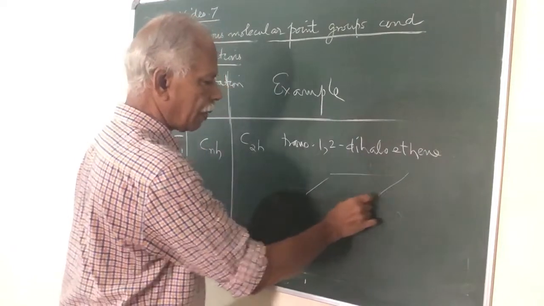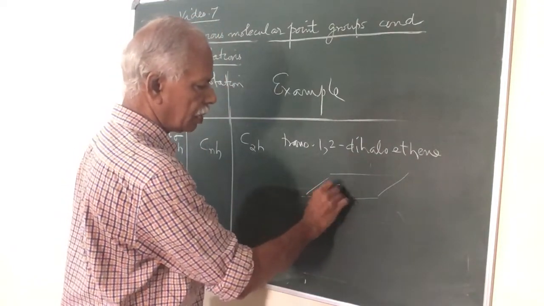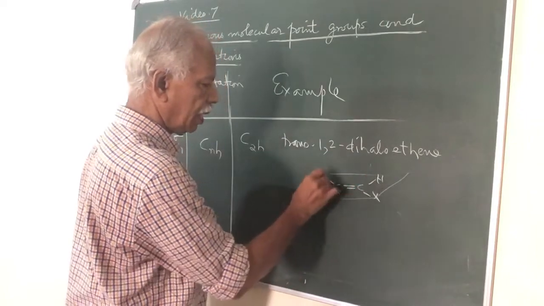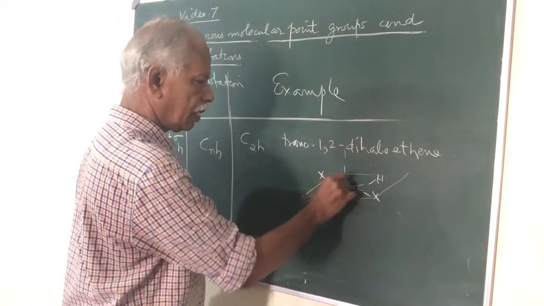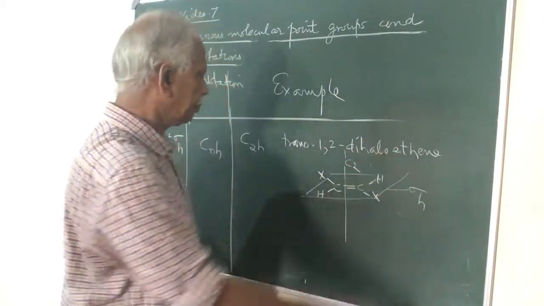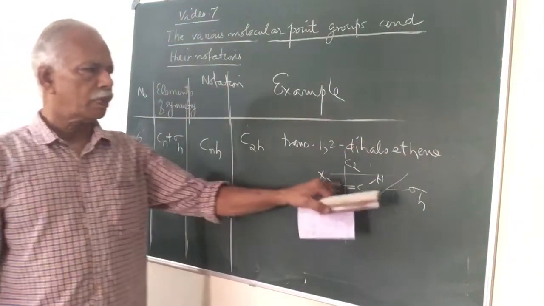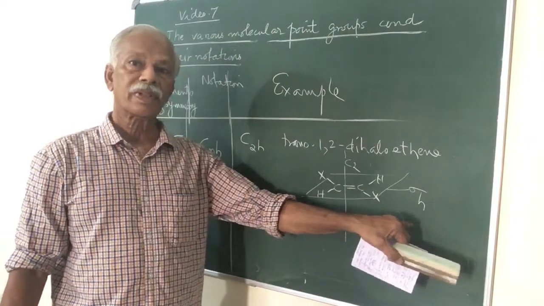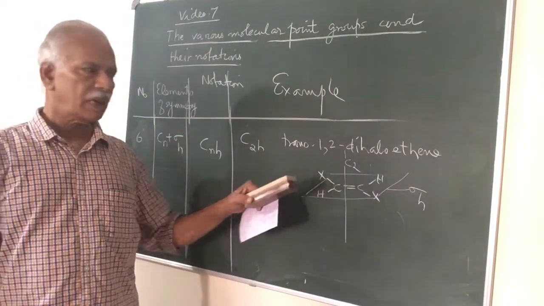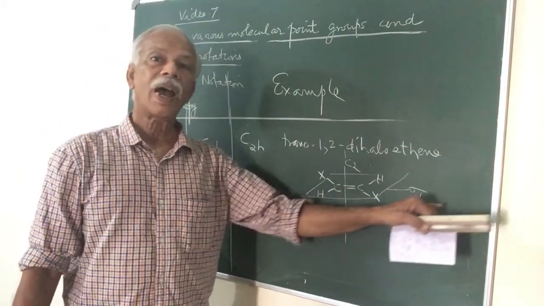Molecule is planar. H, C double bond C, H, X, X. This is the C2 axis, and this is sigma h. C2 multiplied by sigma h is center of symmetry. So its operations will be identity, C2, sigma h, and i.